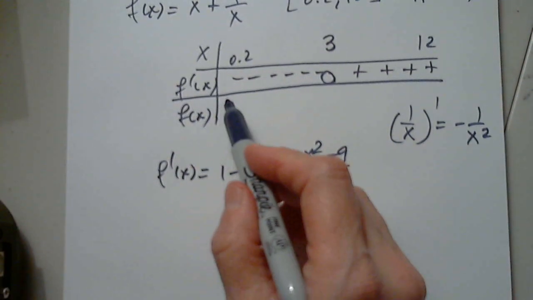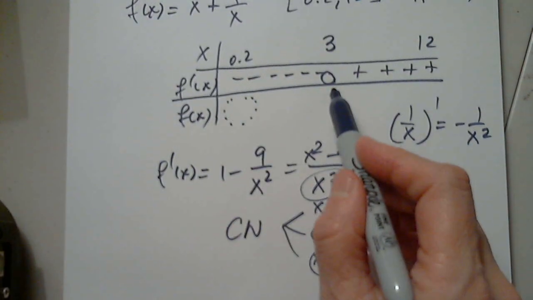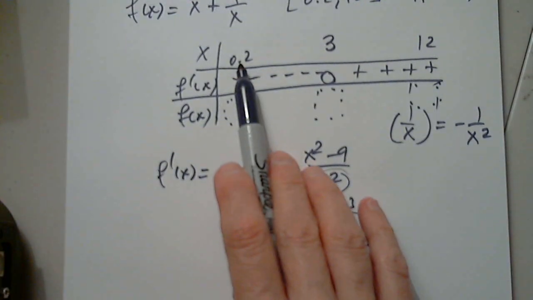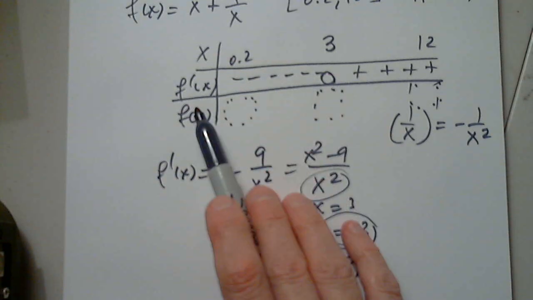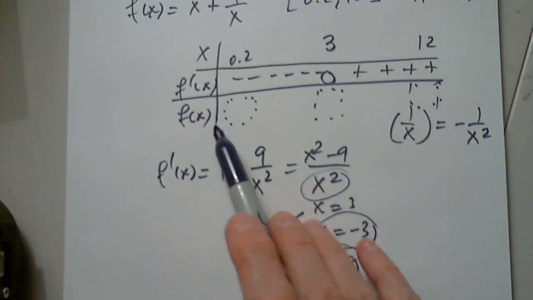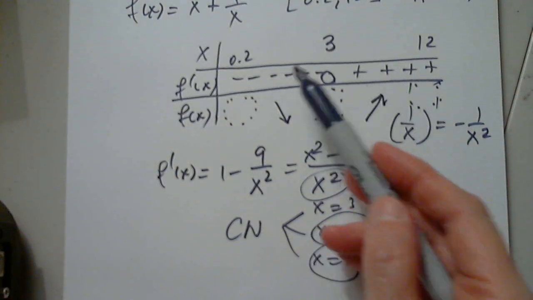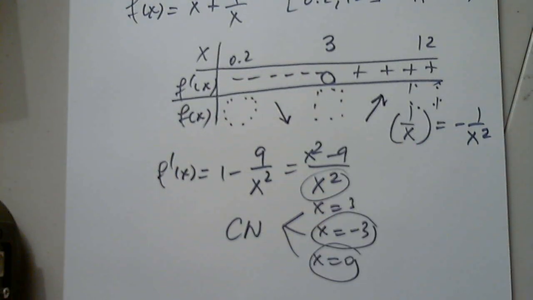At this point, I have to determine these numbers. So I have to plug in 0.2 in the function, 3 in the function, and 12 in the function. And of course, they have to work like this because of the sign of the derivative. If they don't, something is wrong. We go back to the drawing board.